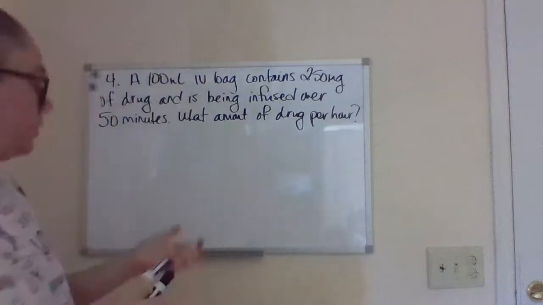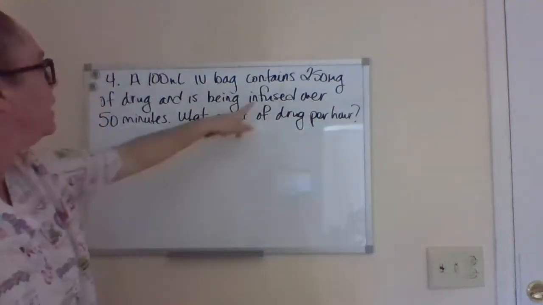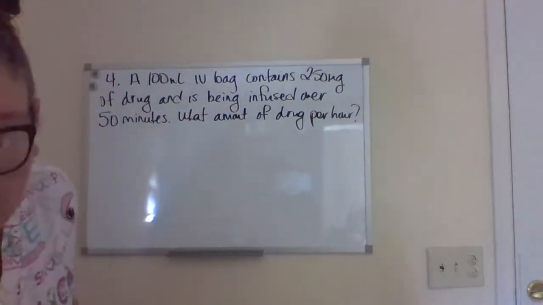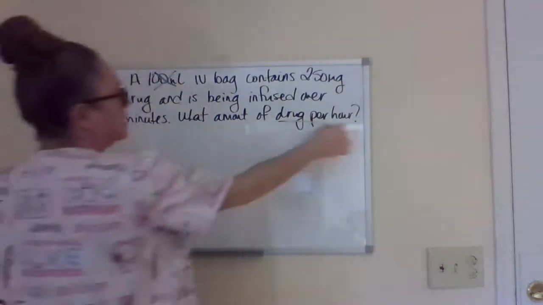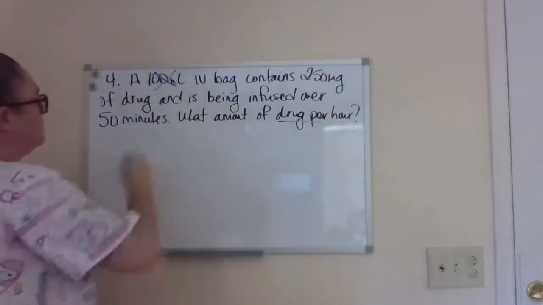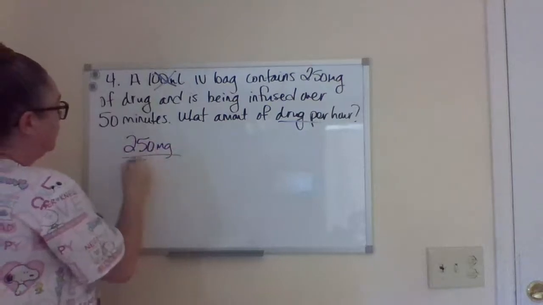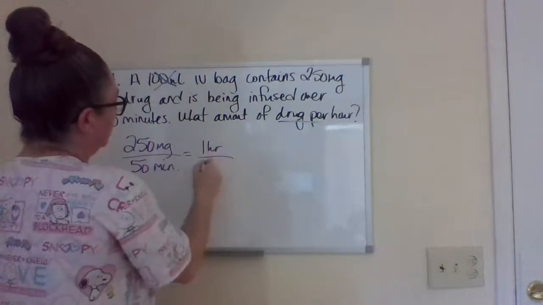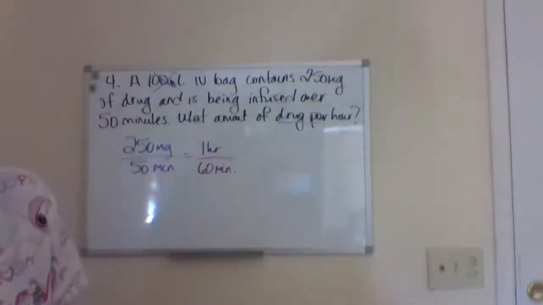So the next one, 100 ml bag contains 250 milligrams of drug. It is being infused over 50 minutes. Okay, so this is irrelevant because the question is asking drug per hour. So I have 250 milligrams over my 50 minutes equals 1 hour over 60 minutes.